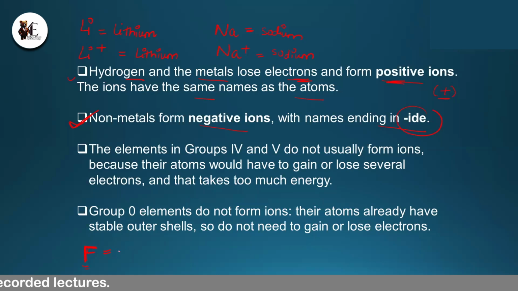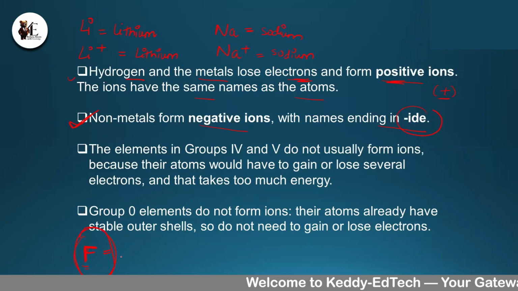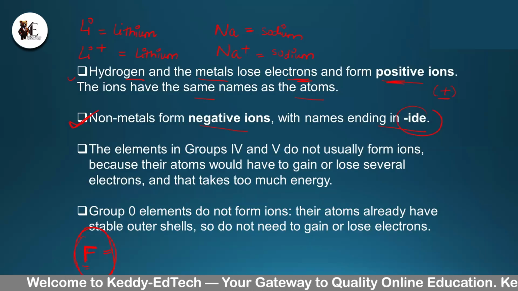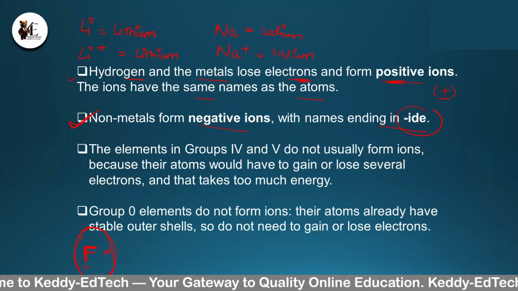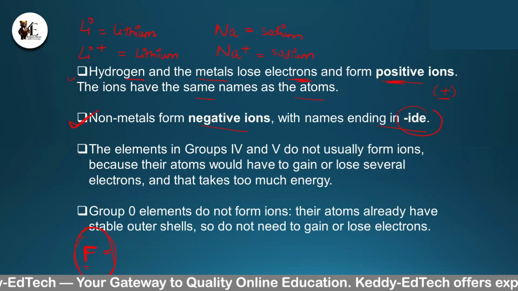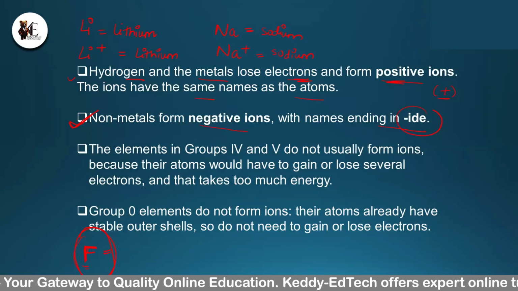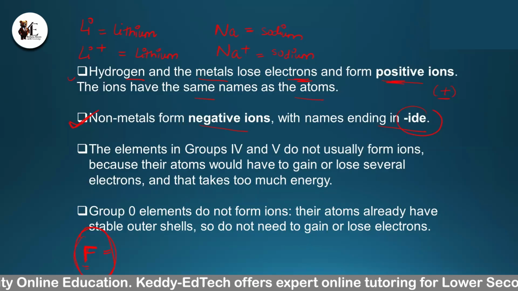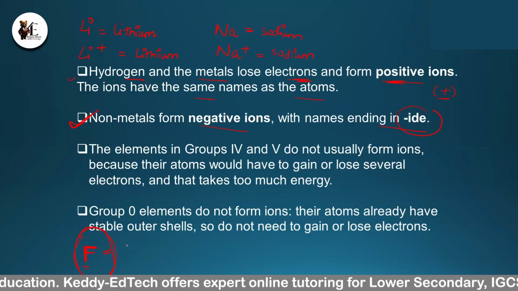This one, at the bottom. So what is the name of this element? Please sit with your periodic table in the chemistry class. Fluorine. Yes, very good. It is fluorine.